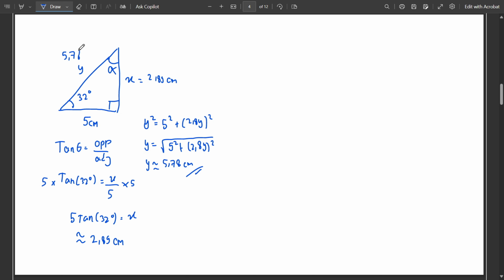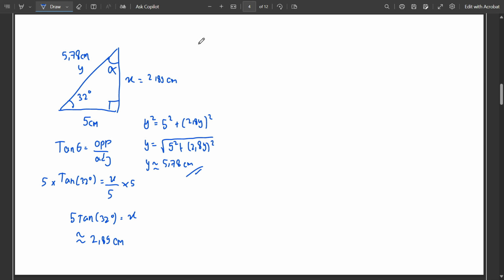So this side is 5.78 centimeters. We haven't found our alpha yet. We know that the sum of all angles in a triangle is 180, right?